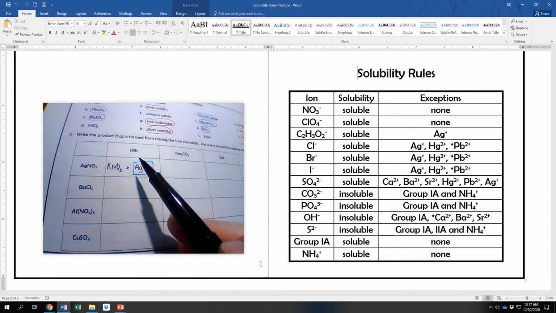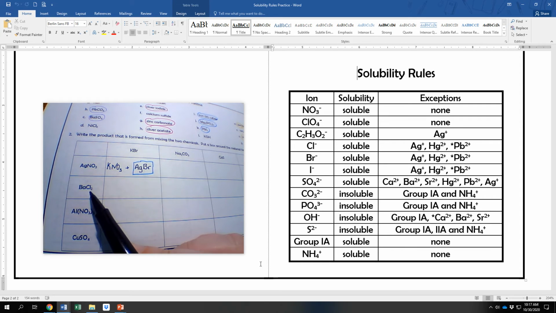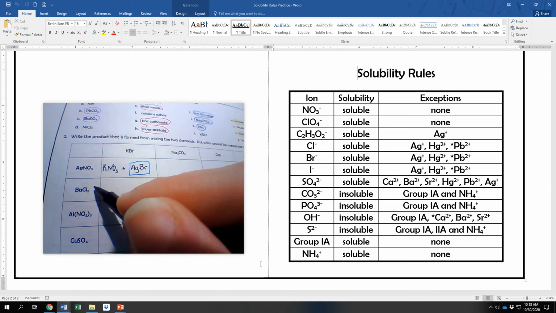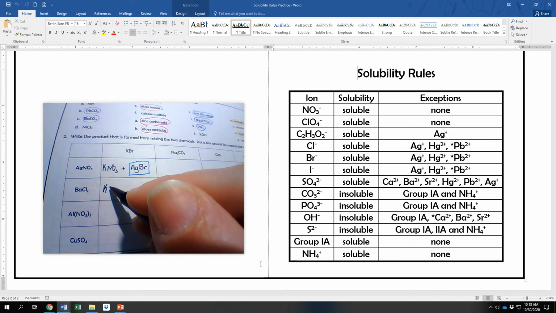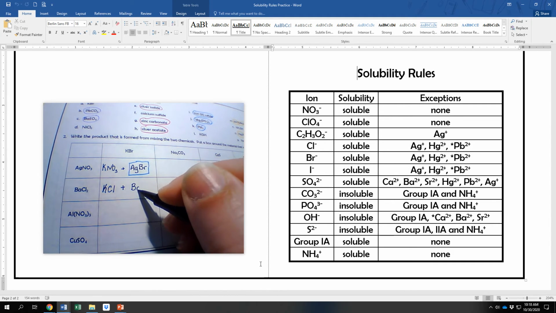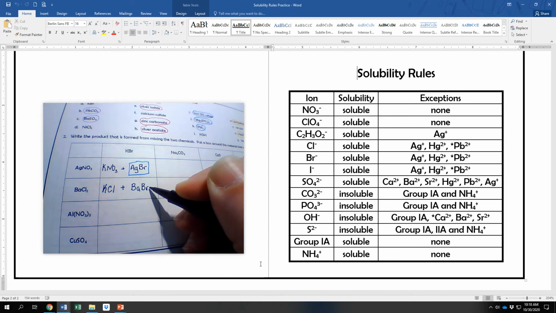Okay, KBr and BaCl2. So we're going to switch partners. So Cl and Br will switch places. So we'll be left with KCl and BaBr2.